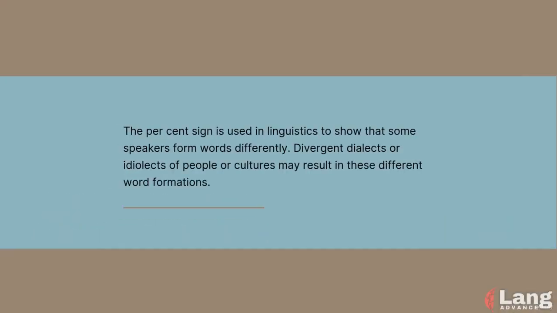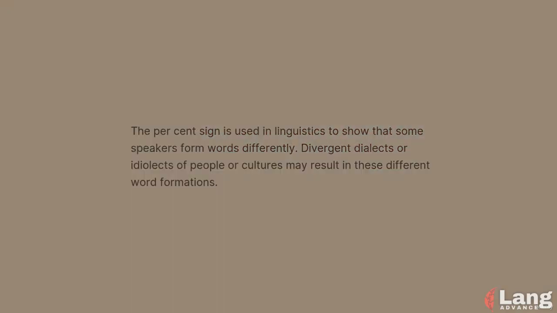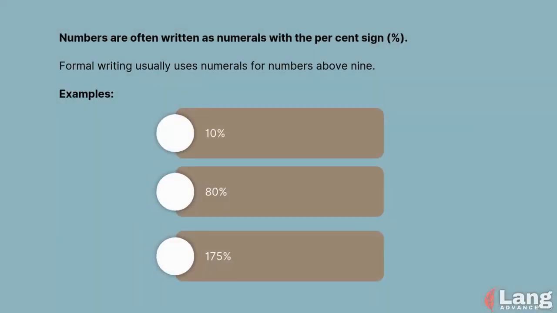The percent sign is used in linguistics to show that some speakers form words differently. Divergent dialects or idiolects of people or cultures may result in these different word formations. Numbers are often written as numerals with the percent sign.